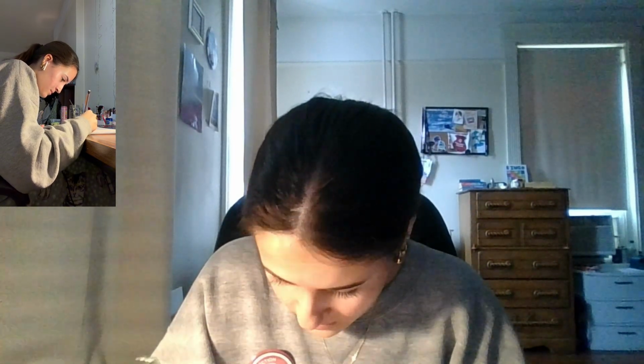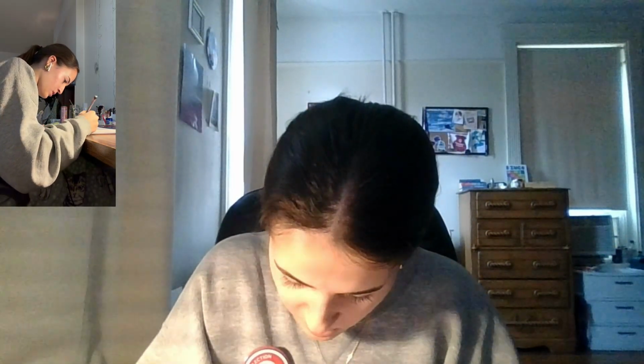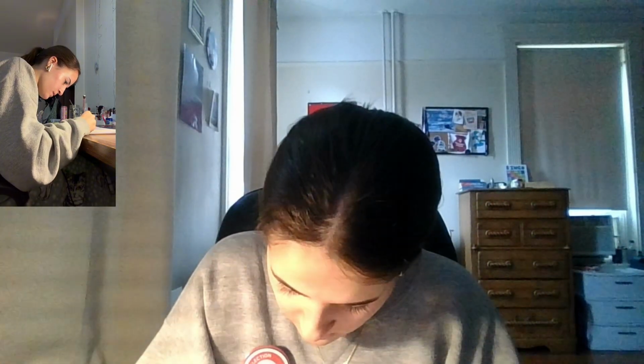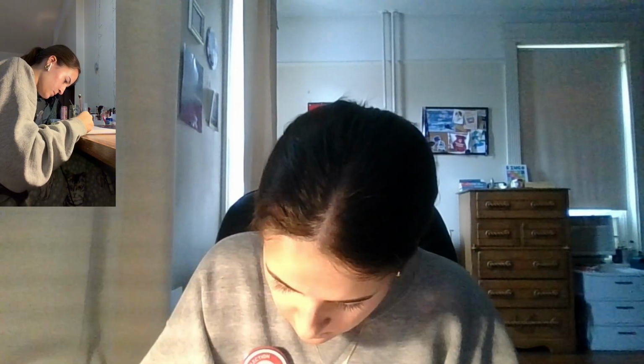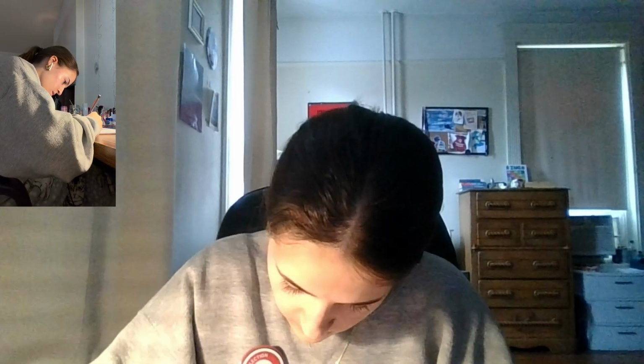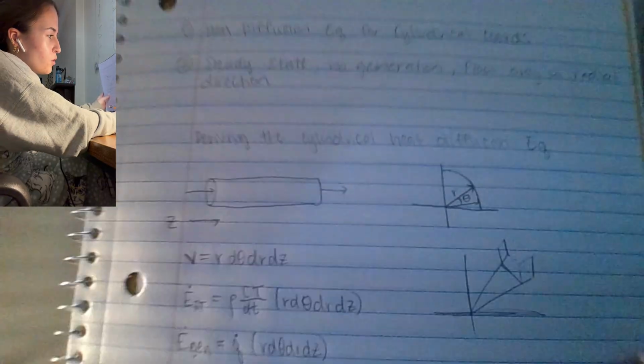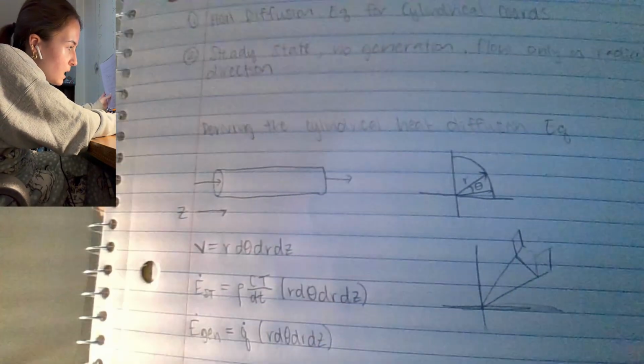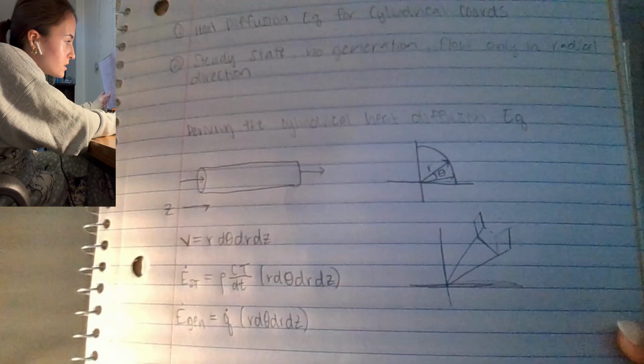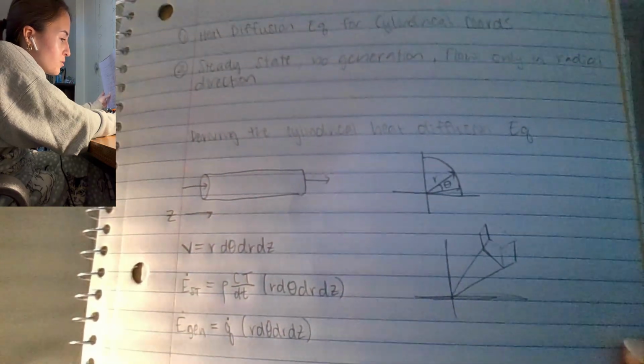So I'm going to try my best to draw this so that it's easier to visualize, but if it's really bad, then I apologize. So what we're looking at here is a little piece of our cylinder. So we're trying to analyze how this heat flow is moving through the cylinder.